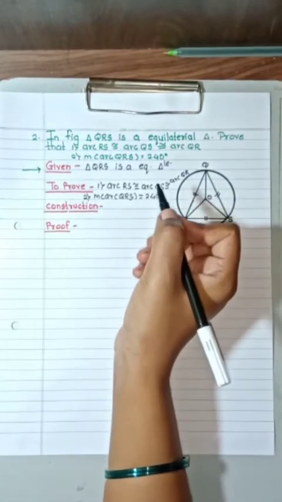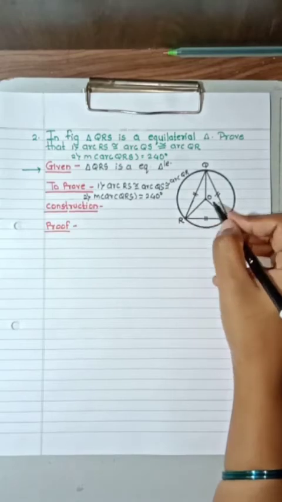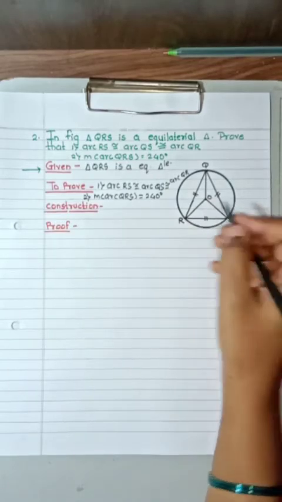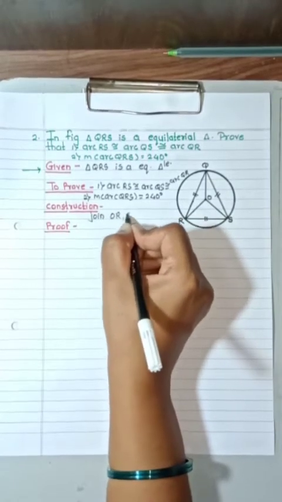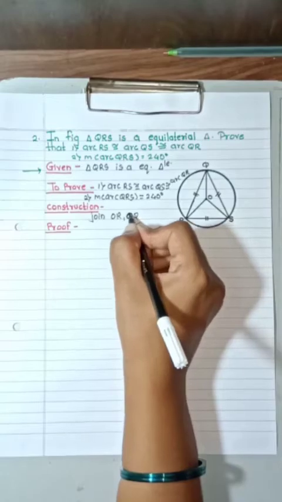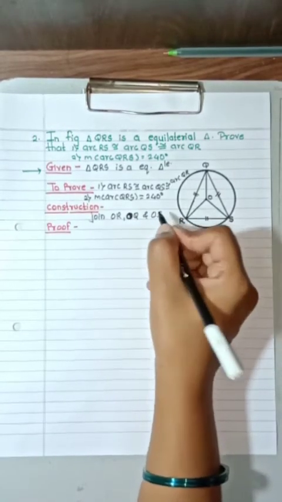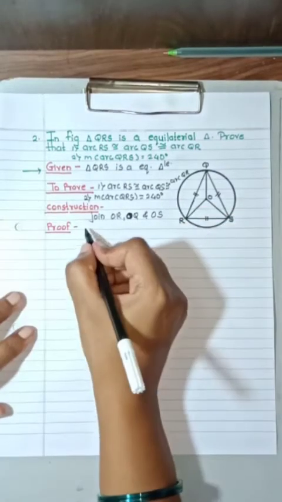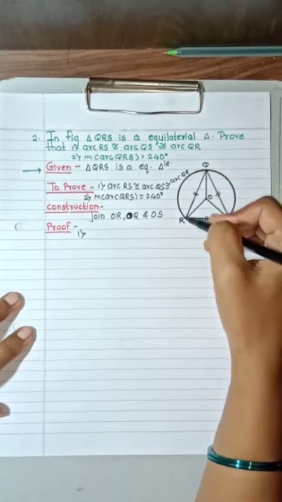So as a part of construction, you are going to join OR, OQ and OS. I'll write down here, join OR, OQ and OS. Now in the proof, first let us consider triangle QRS.